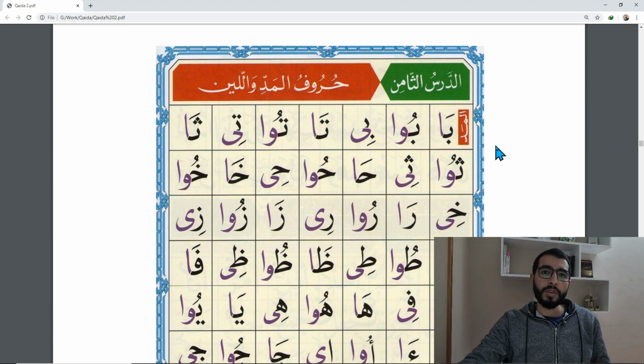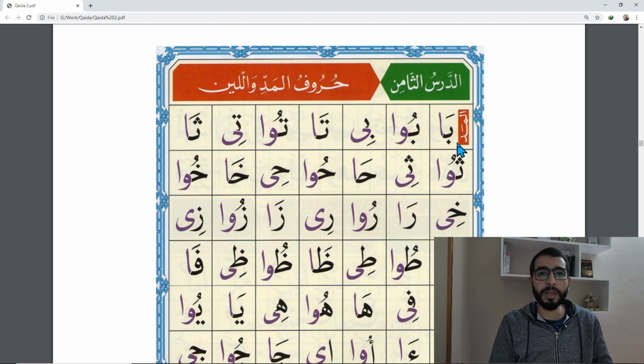For example, Ba Fatha Ba. But if this Alif sukun exists after Ba Fatha, you have to give Ba Fatha double the time of the normal Fatha. For example, if Ba Fatha takes half a second, here you have to give it 1 second. Why? Because there is Alif sukun after Ba Fatha, so you have to stretch it.